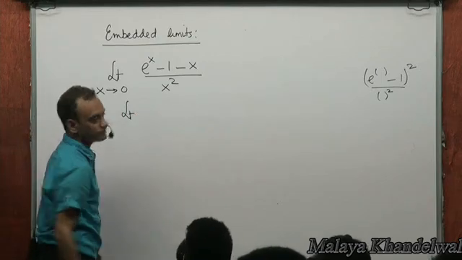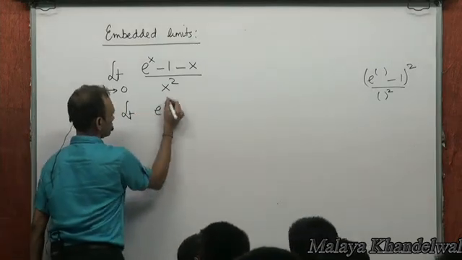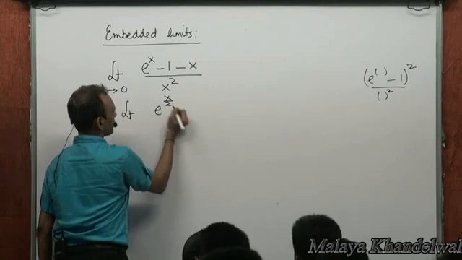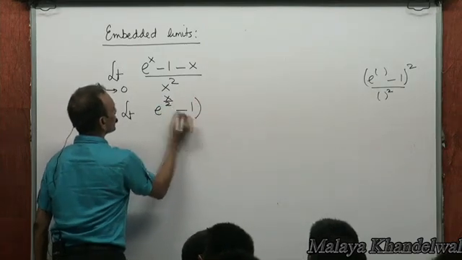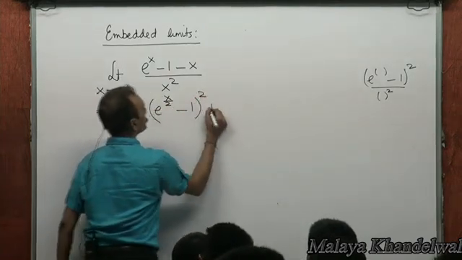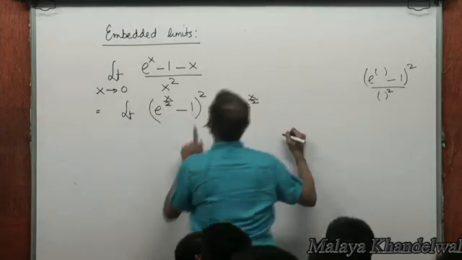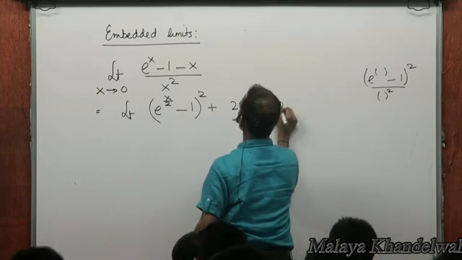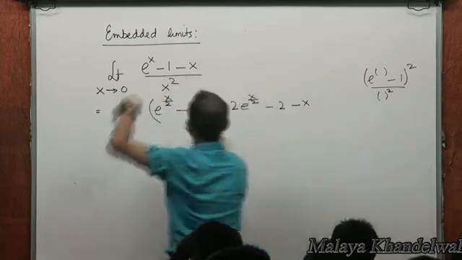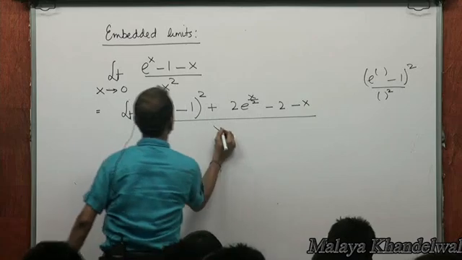This is limit. What I do is, I write this as e power x by 2 minus 1 whole square plus 2 e power x by 2, 1 I have added, so 1 I subtract, minus x divided by x squared.